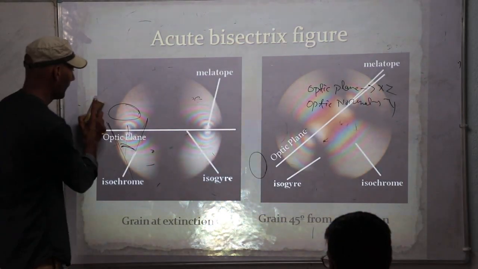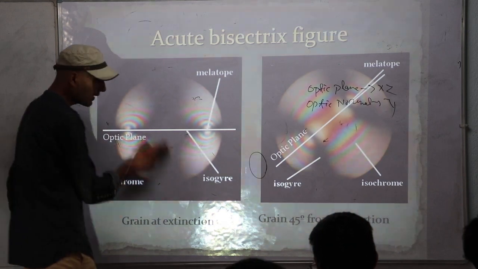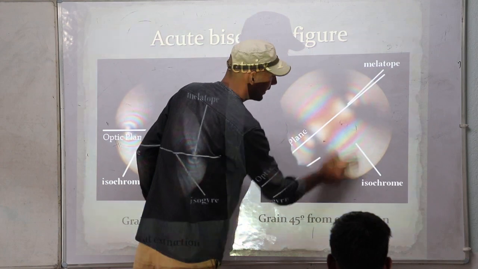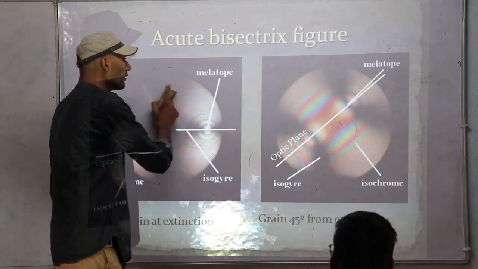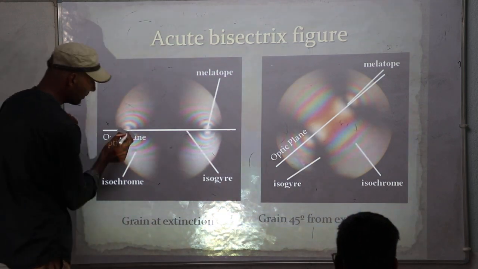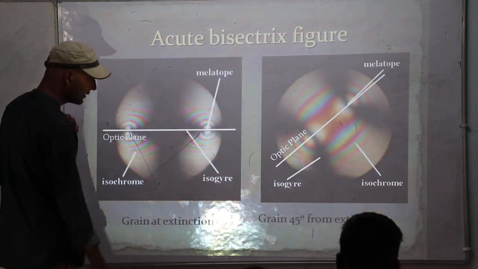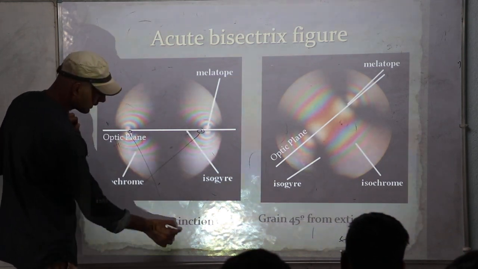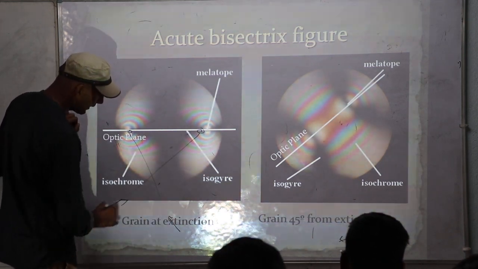So you can see here, because there are two optic axes, there are 2 points of zero retardation, right? Because there are two optic axes, one is like this, one is like this, so there are 2 points of zero retardation, where light rays will move parallel like this and like this.